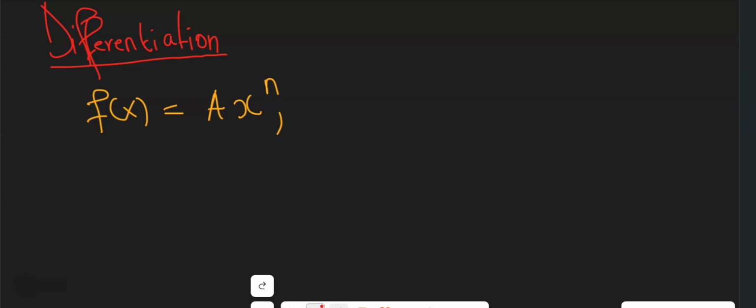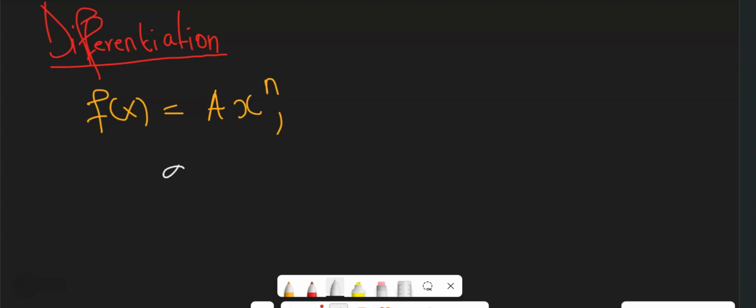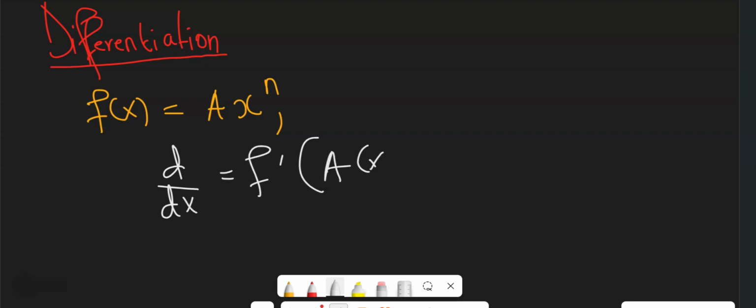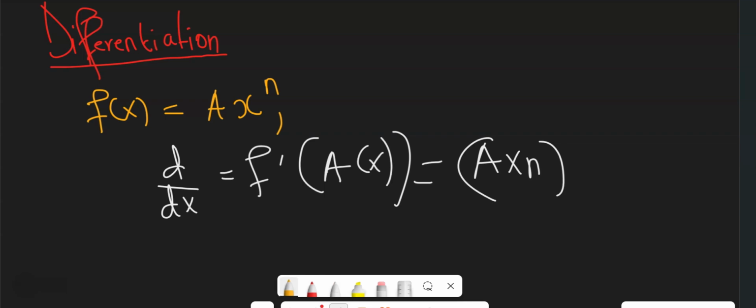To differentiate it, d/dx of f(x) is given by a multiplied by n, then x power n minus 1. So this is a general principle.